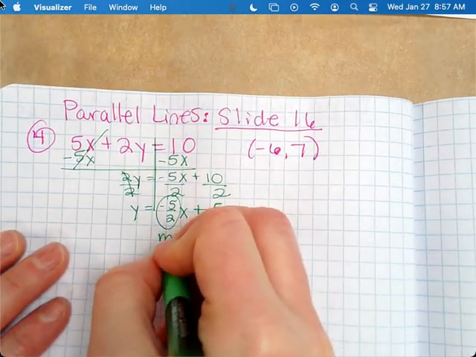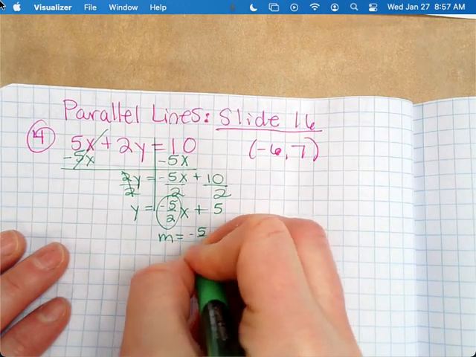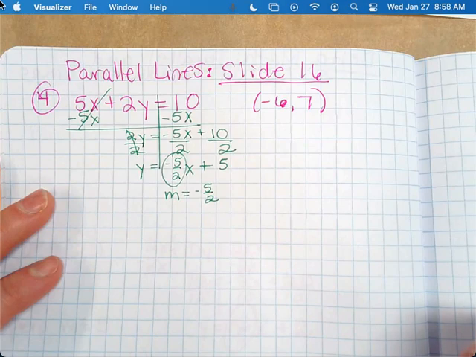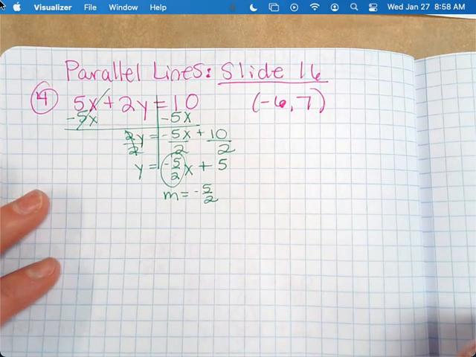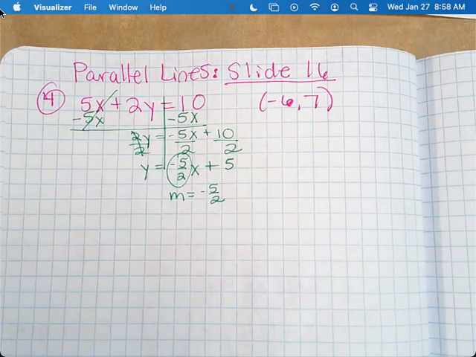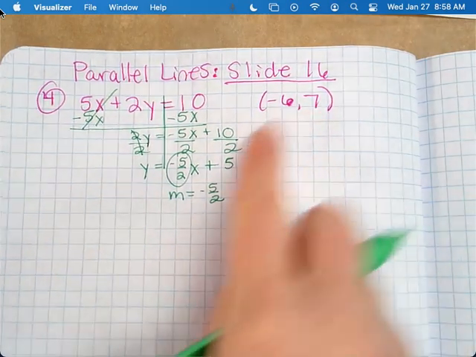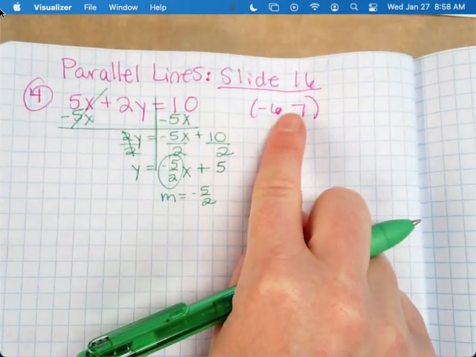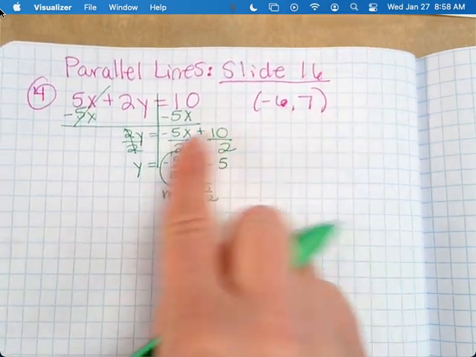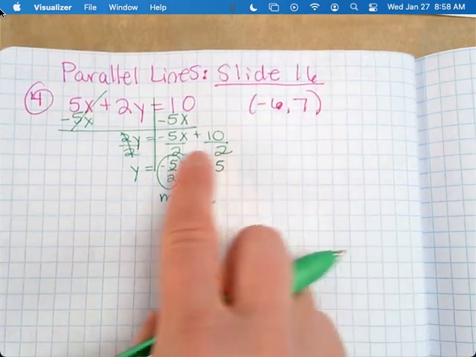So our slope is -5 over 2. Okay, now we haven't even done anything with this point. So we need to find out what the equation is that goes through that point.